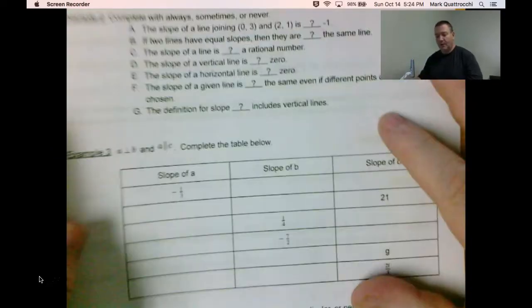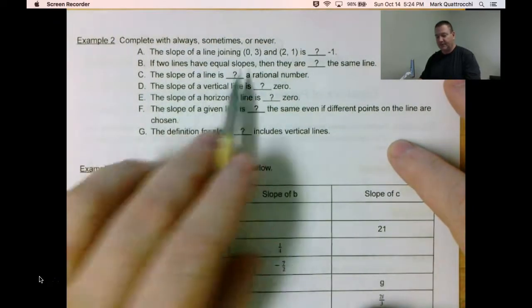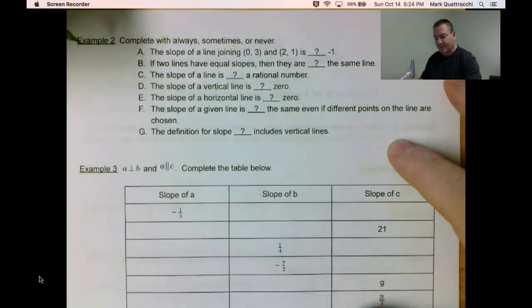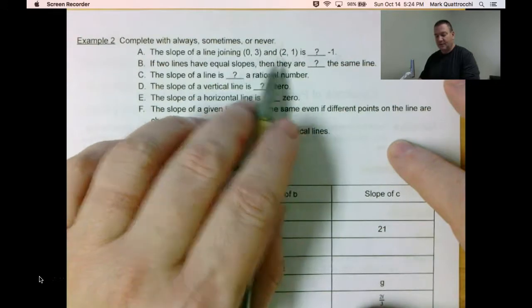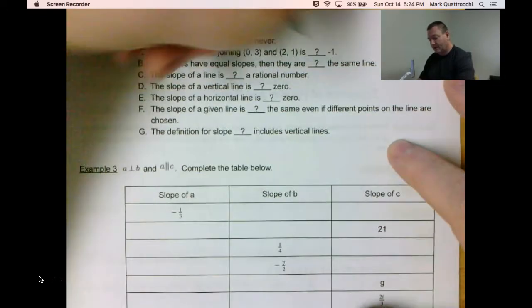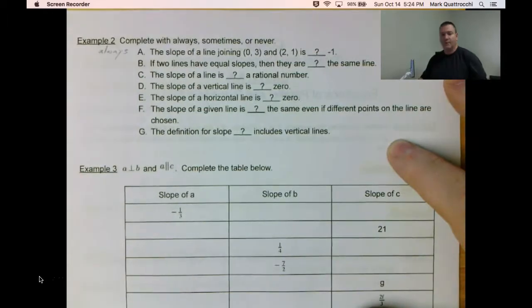So example 2, on the back side here: complete with always, sometimes, or never. The slope of a line joining (0, 3) to (2, 1), well, we have to find out what that slope is. That's going to be -2 over +2, which is -1. So always -1.